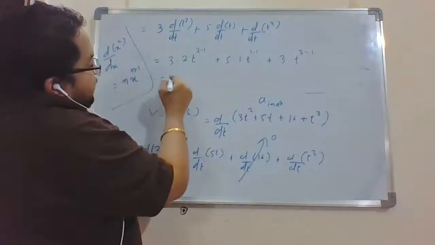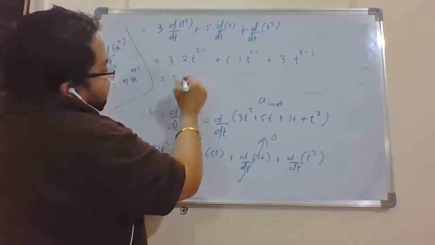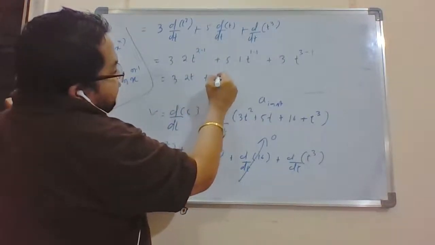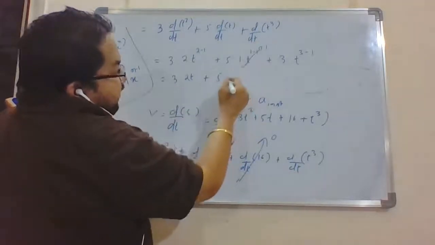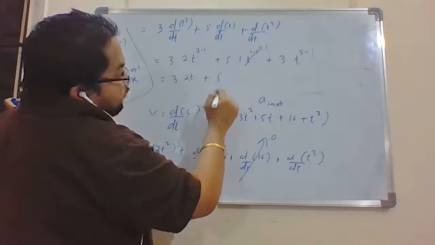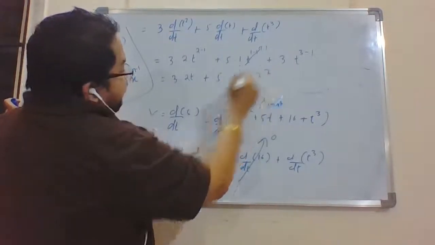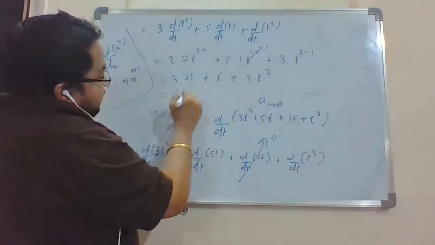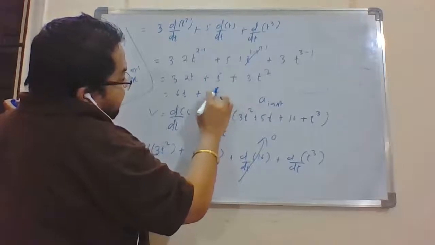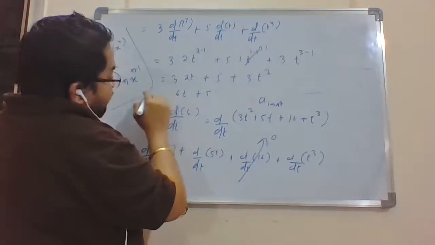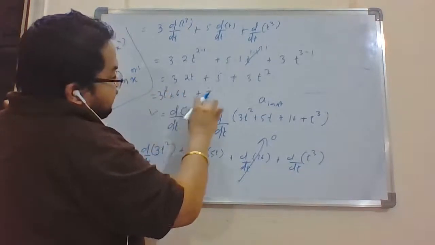Which is nothing but 3 into 2t, and this is 5 into, anything to the power 0 is 1, so it will be 5 into 1, plus 3 into t squared. So that is nothing but 6t plus 5 plus 3t square, or if you want to rearrange it, 3t square plus 6t plus 5.